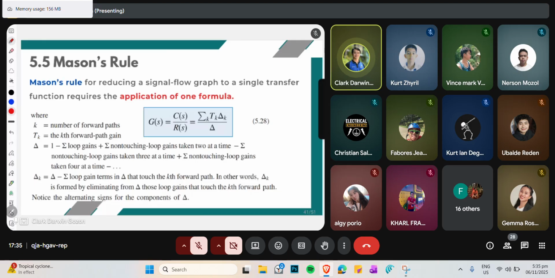So for example, kung tulo ka buok forward path, i-multiply mo ni siya sa first nga delta K, then plus, bali mao ni mahitabo.